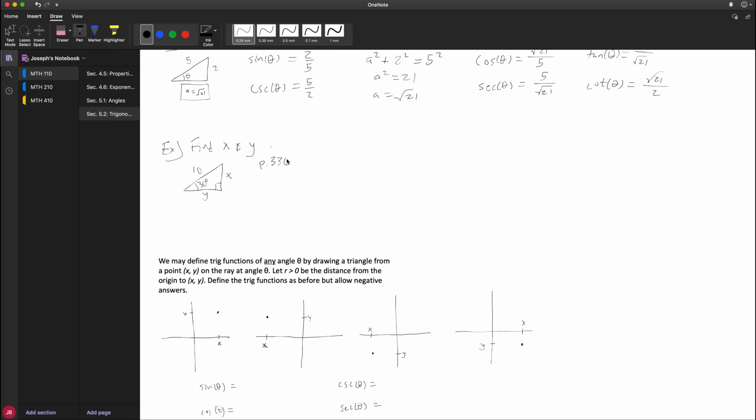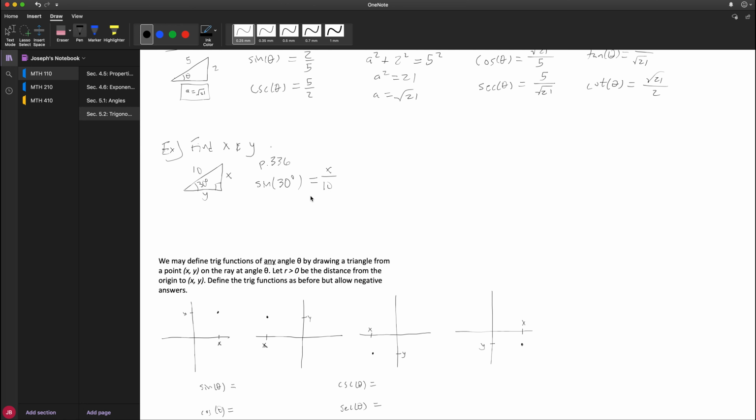And there are well-known trig values at the bottom of the page. So what we see is that the sine of 30 degrees, well, that's going to be x divided by 10, right?